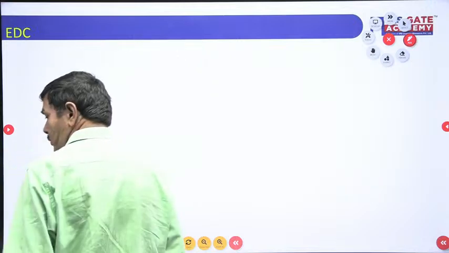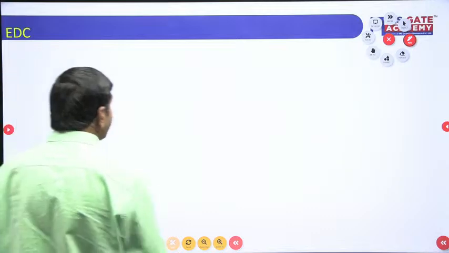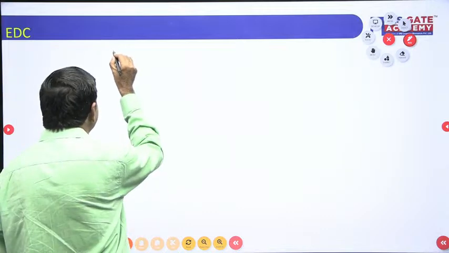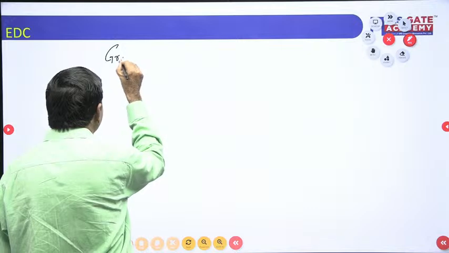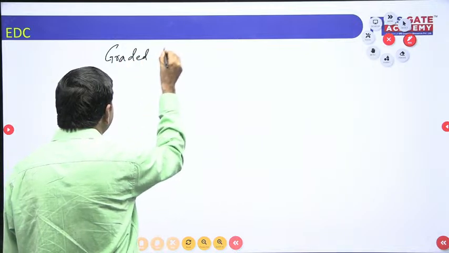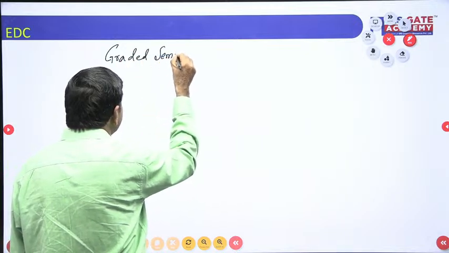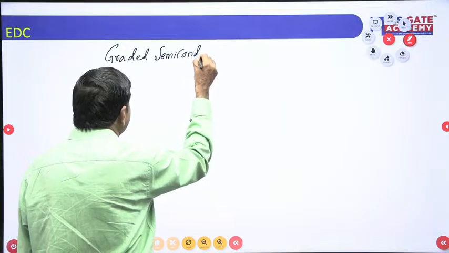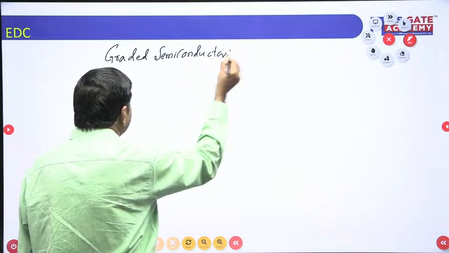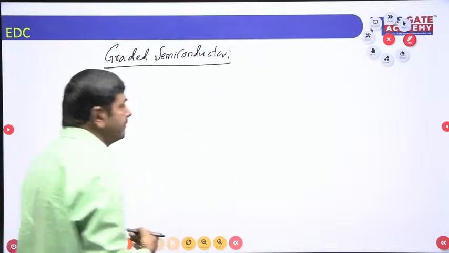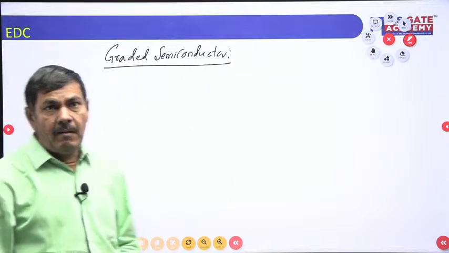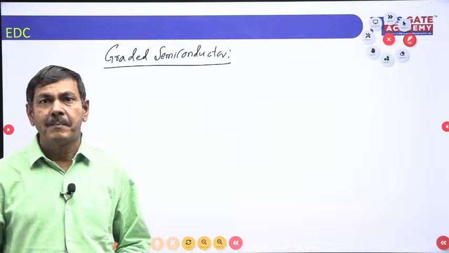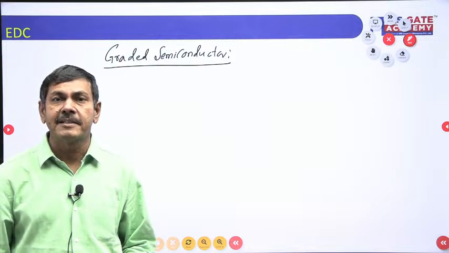Next I want to explain graded semiconductor. Can anybody define what is a graded semiconductor?